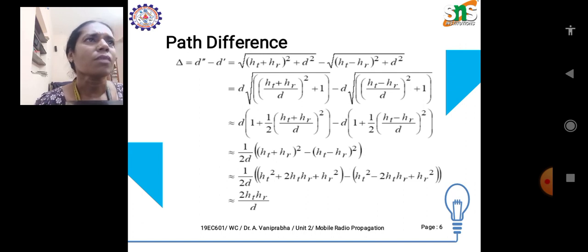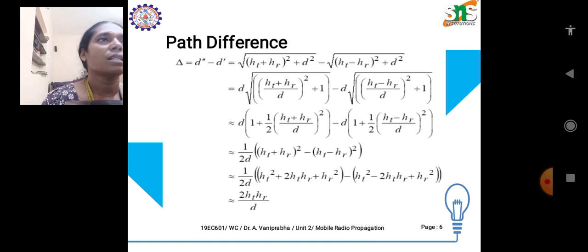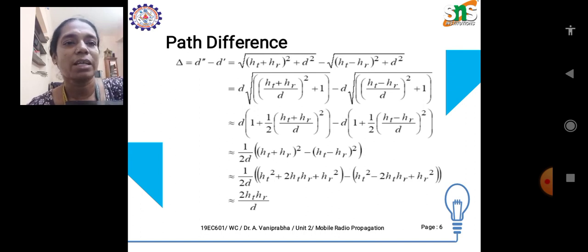Therefore, from the previous diagram, we can infer and write the equation: square root of (ht plus hr) the whole square plus d square, minus square root of (ht minus hr) the whole square plus d square. And after continuous simplification, the path difference delta becomes 2 ht hr by d. So this is the final path difference.